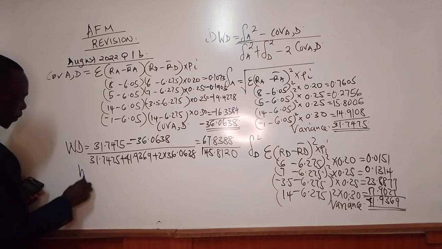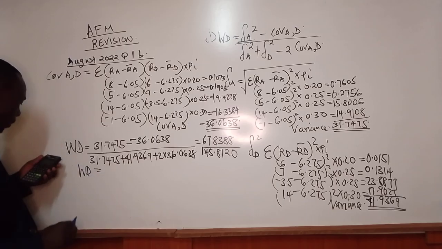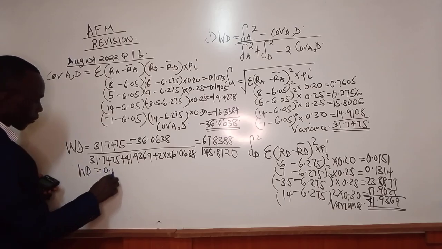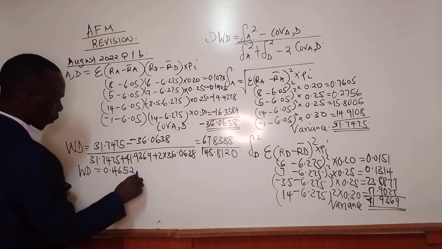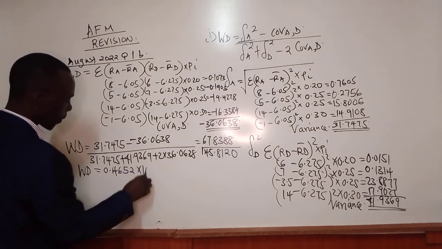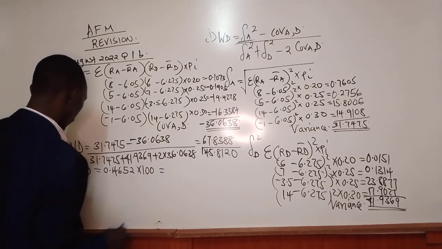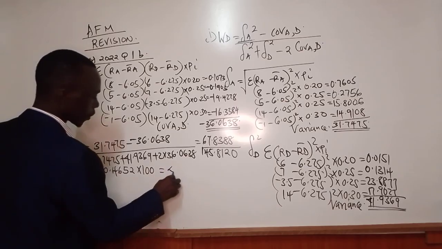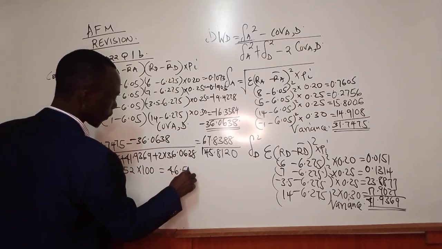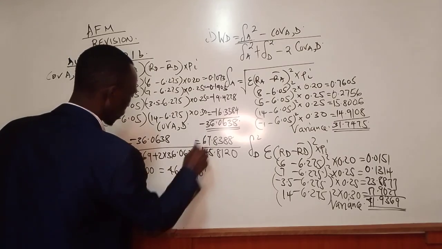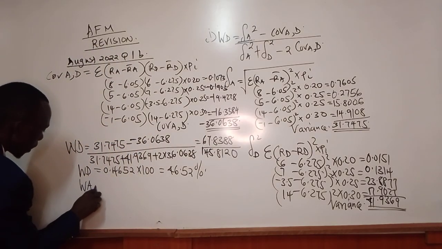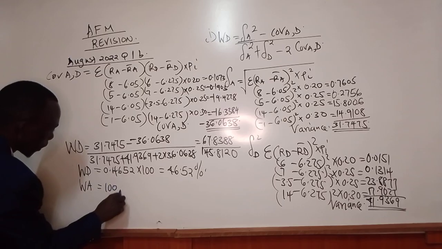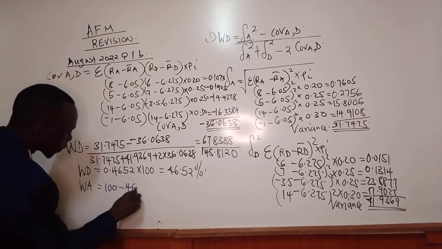So our weight of D will be 0.4652, which in our percentage you multiply by 100, it will be 46.52%.